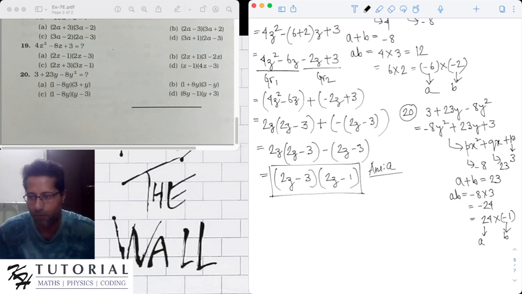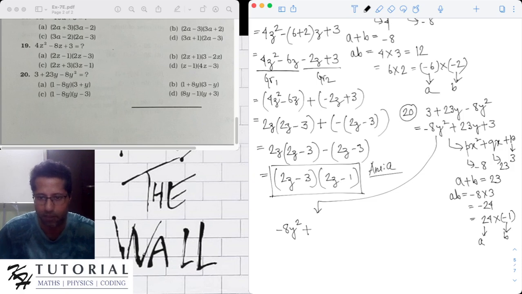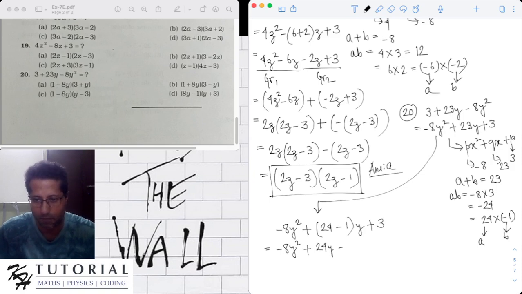So now once we have found a and b, we will just rewrite the given polynomial and replace 23, that is q, with a plus b. So we have minus 8y square plus 23, we will write it as 24 minus 1, and we have y plus 3. This is equal to minus 8y square plus 24y minus y plus 3.